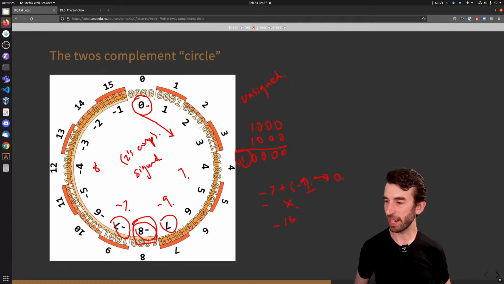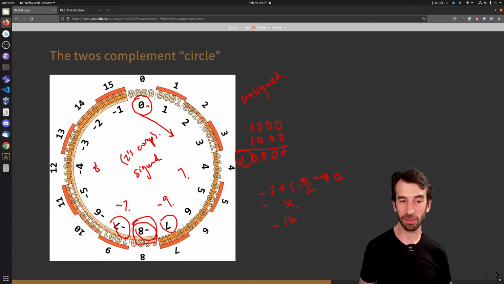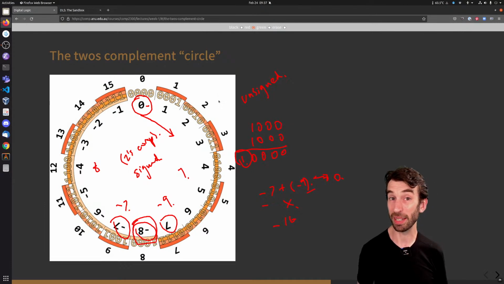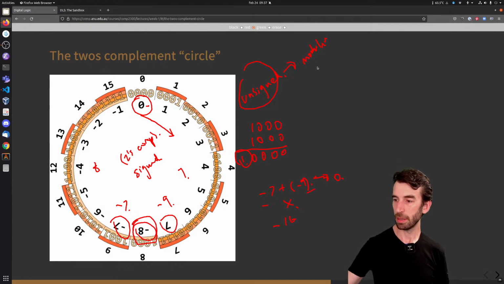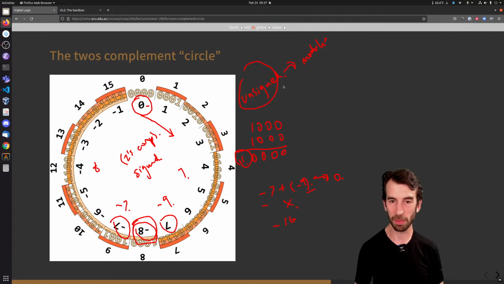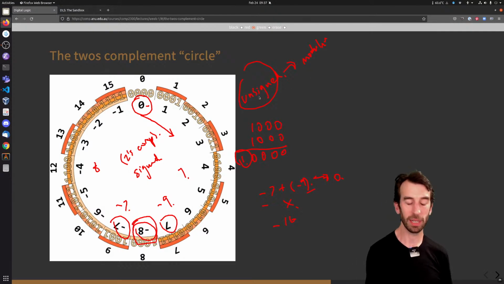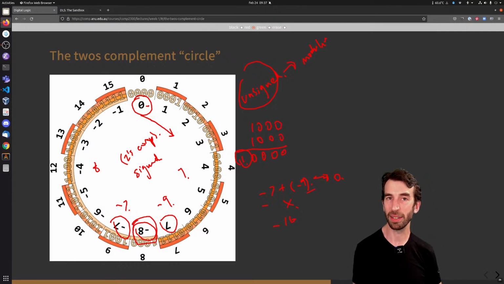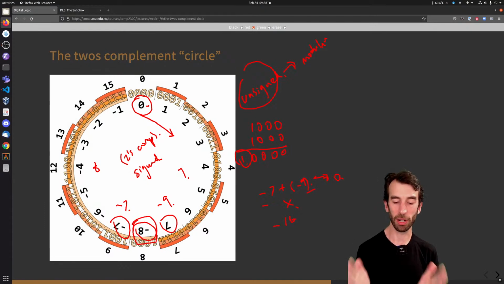Someone says, is this like modular arithmetic? Well, in many ways, yeah. Unsigned arithmetic is like modular arithmetic. When you're doing unsigned calculations with binary numbers, you've only got 4 bits.